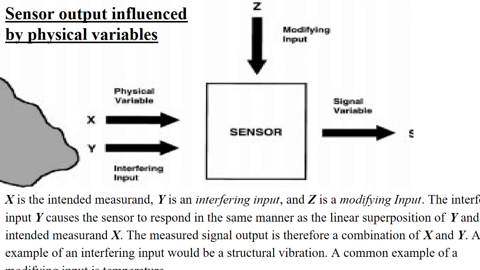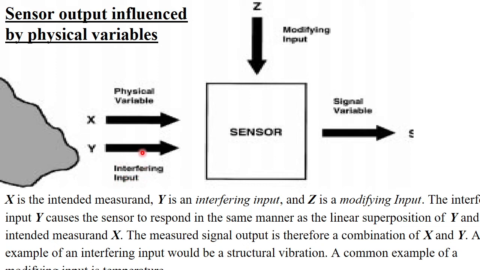Another modifying input is, say, temperature. The temperature difference will affect the signal variable. As you know, temperature is basically a contributor to the modifying input as well as the interfering input.